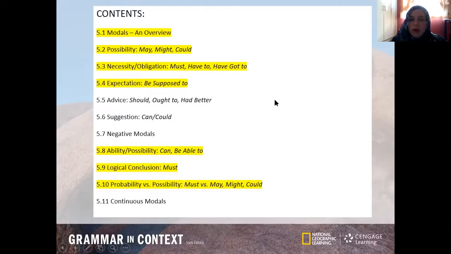Before we start with 5.1, as usual, I want you to take out your textbook. We are going to look at chapter 5, modals and related expressions. As usual, before we start the lesson, we are going to read the text.